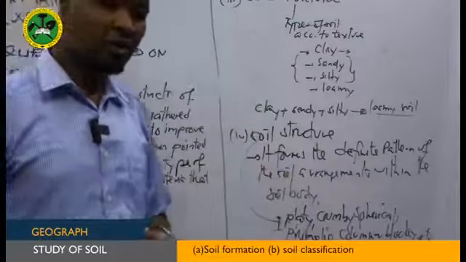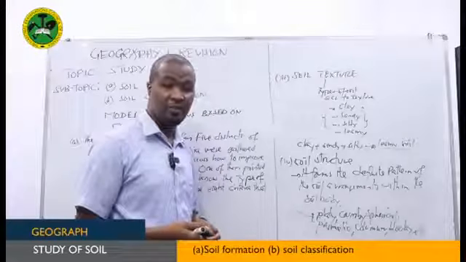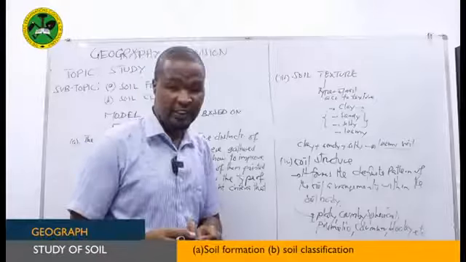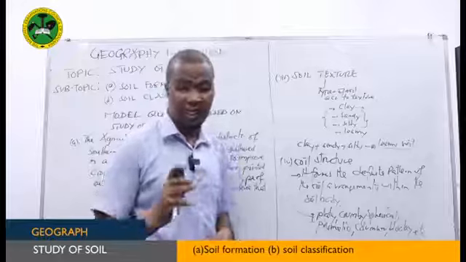The general function of the soil structure: first, we know soil structure can help in water retention capacity. Are we together? It can help in fertility improvement through the use of artificial manure, for instance fertilizers.